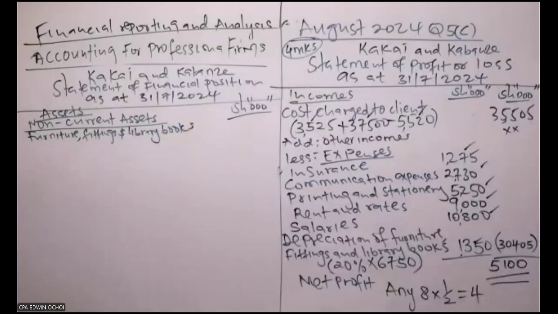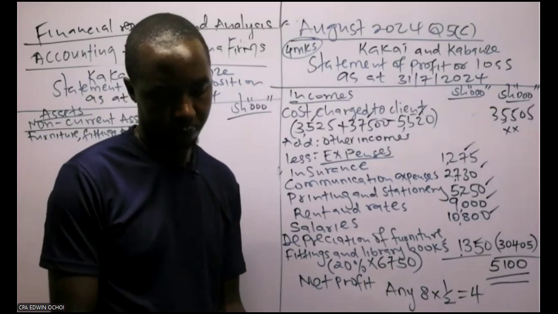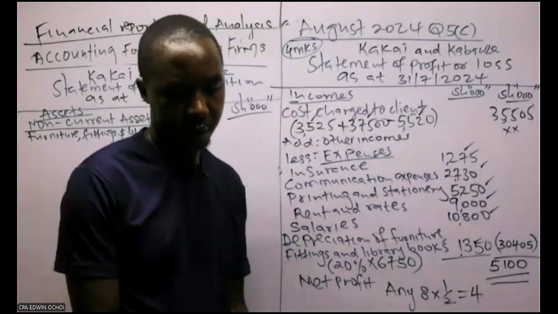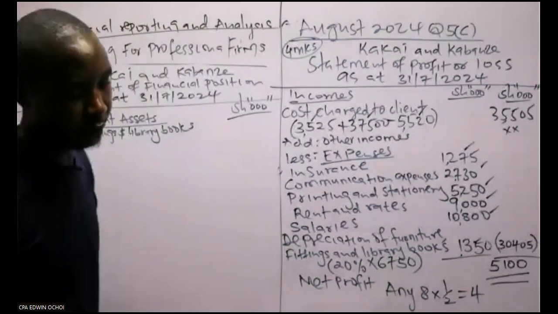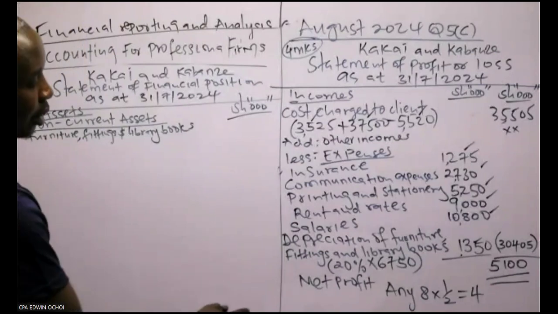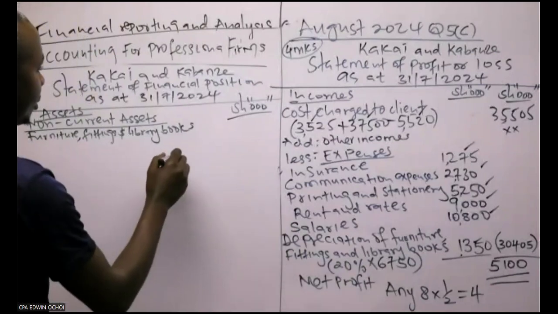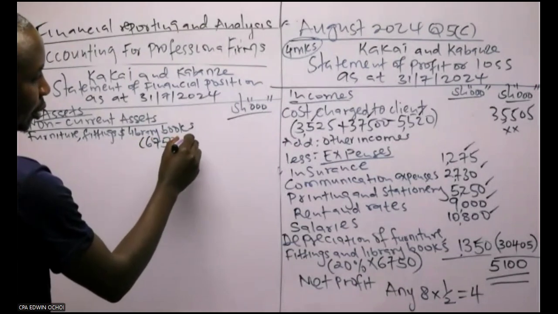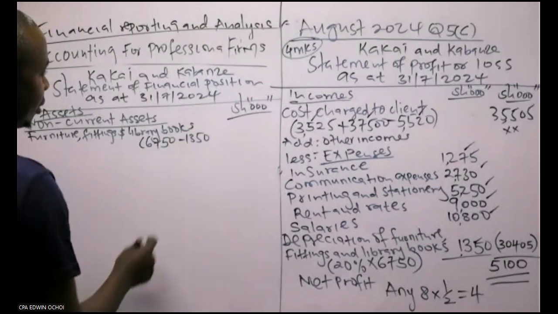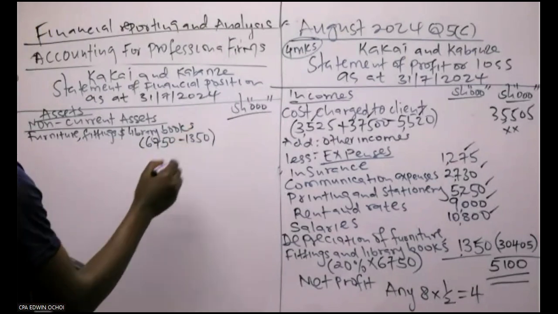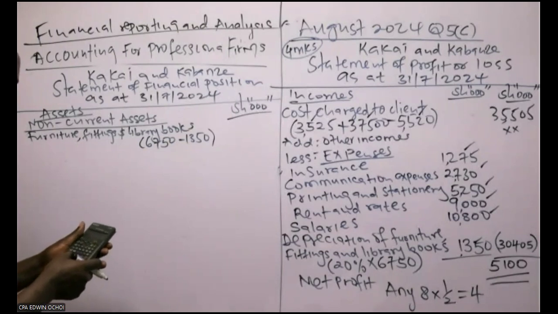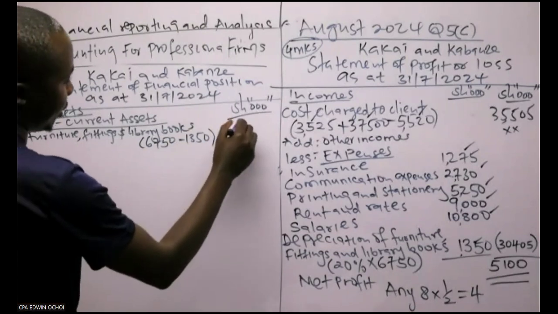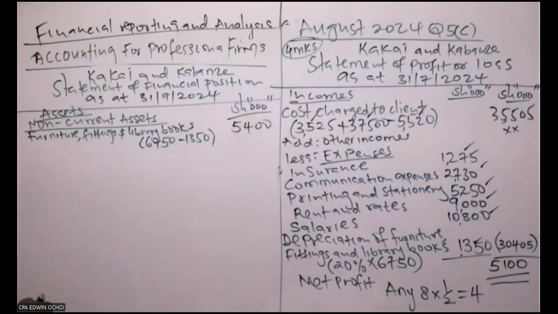We know that the value of this one is 67.50 minus depreciation. Depreciation is 13.50. That is the only non-current asset I can see. So I have 5,400. I go to the current assets.